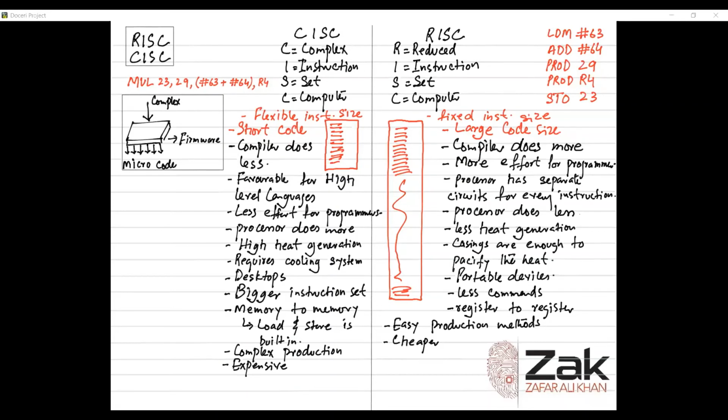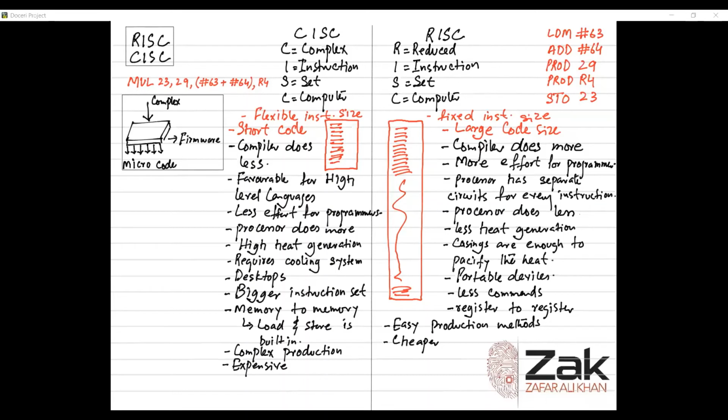But if you have a desktop or laptop, they might have fan outlets and heat sinks in them. Nowadays, I'm not actually referring to the modern cell phone in terms of the latest phone, because they have heat sinks as well. And nowadays hybrid, meaning CISC and RISC, are both being used by the processor.